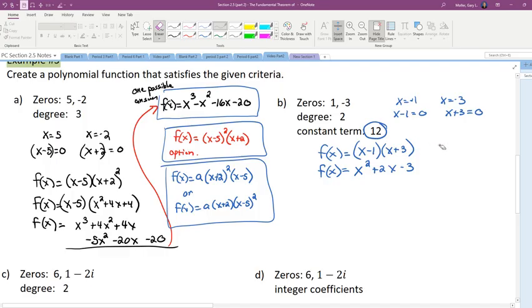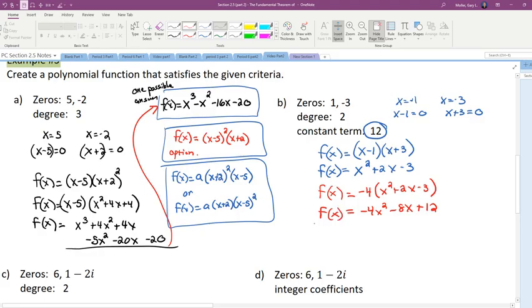So instead, I need to figure out what I can multiply this by to make it a positive 12. And so that means I need to multiply it by a negative 4, because that will give me negative 4x squared minus 8x plus 12.